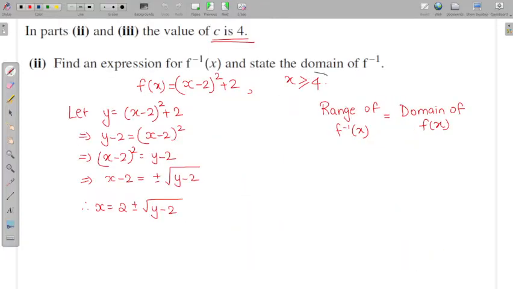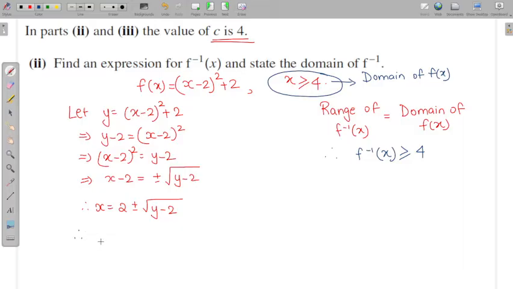This is the set of input values, which we call the domain of the function f of x. So this is going to be the range of the inverse function. So we can write that the range of the inverse function, f inverse of x, will be greater than or equal to 4. That is only possible if we add some value to 2.